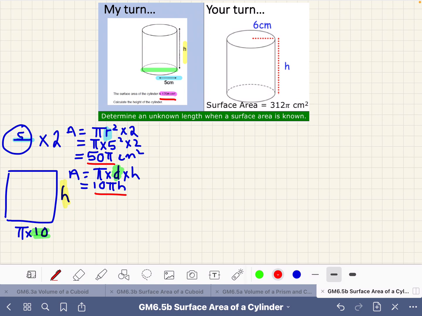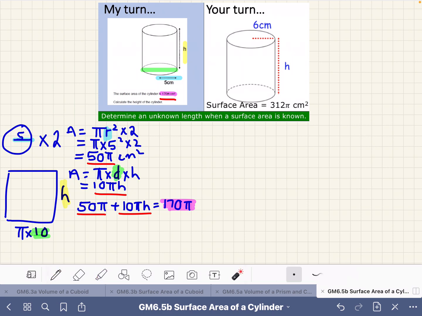Therefore, we can say that 50 pi plus 10 pi h is equal to 170 pi, where the 50 we've calculated, the 10 we've calculated, and this has been given to us in the question.